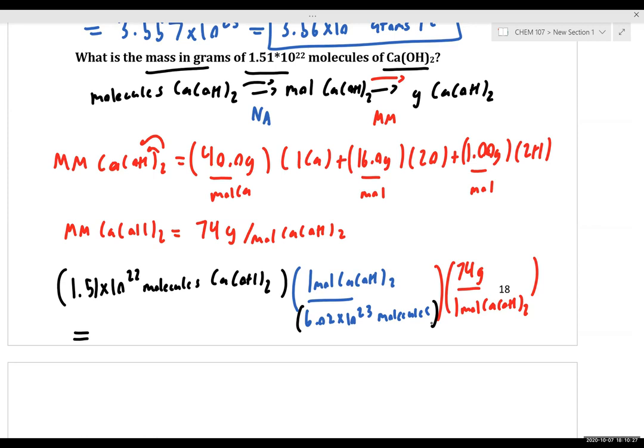After punching this into our calculator, we get 1.86 grams of calcium hydroxide.